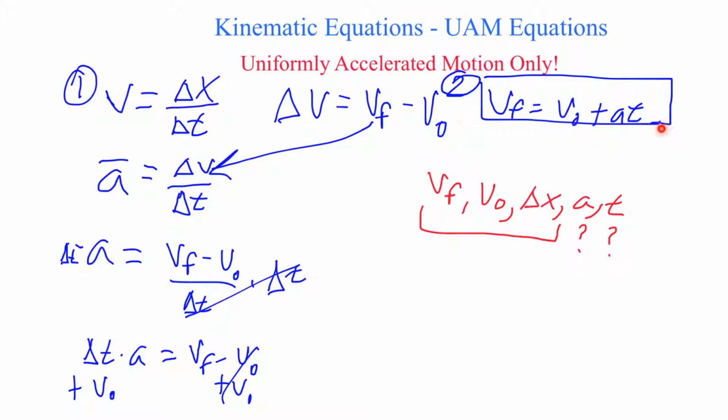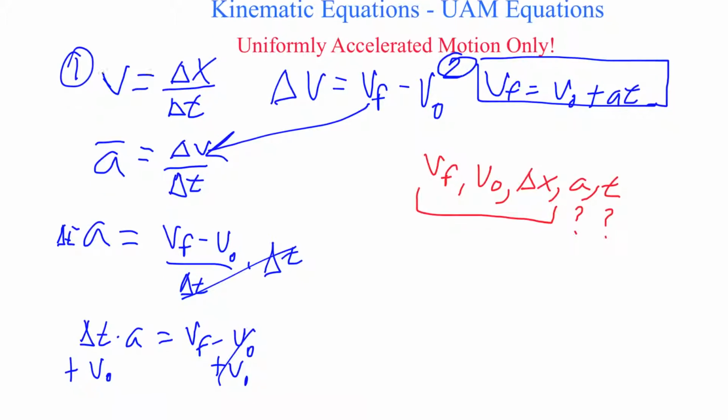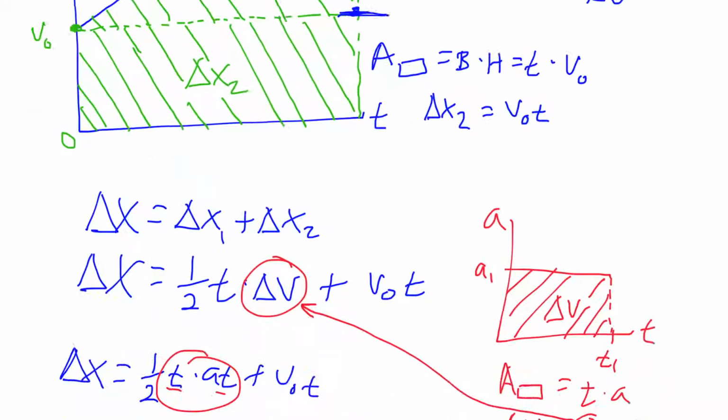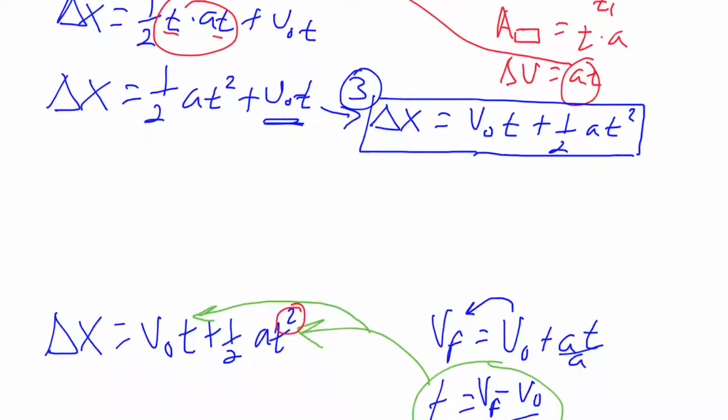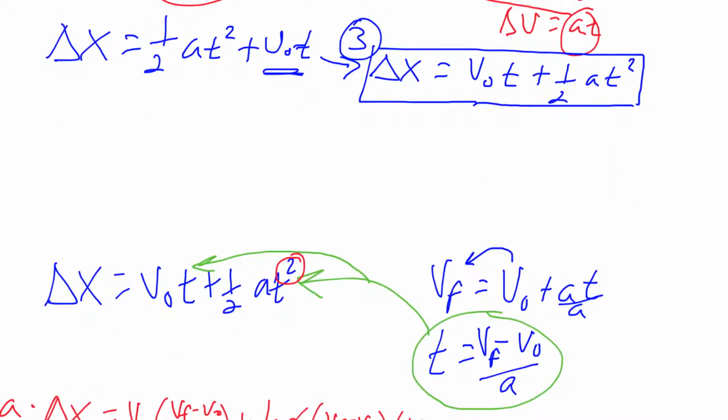Look at equation number 2. It doesn't have anything to do with displacement. So if you're given a problem and they don't tell you anything about displacement, this would be a really good equation to use. If you're given a problem and they don't tell you anything about acceleration, this one could be used. Let's look at number 3 here.